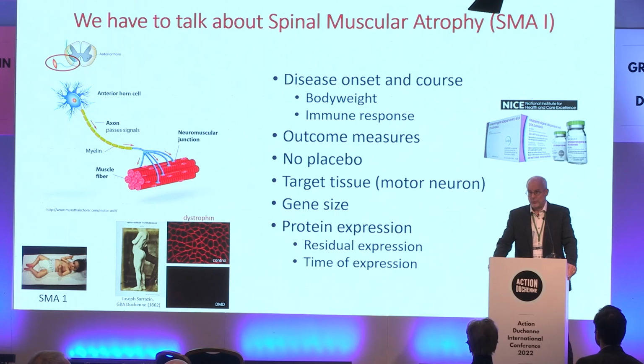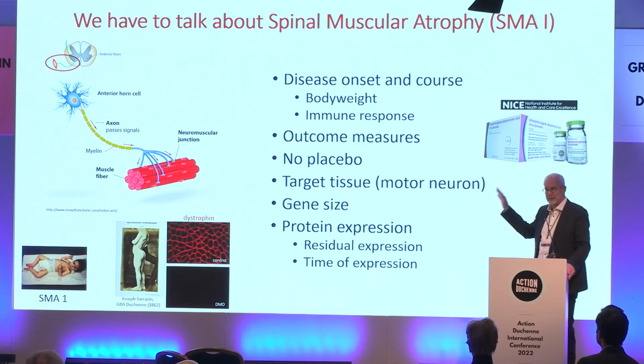And of course, for a company, it also makes a huge difference in terms of viral load per kilogram body weight if you inject an infant or someone who's 50 kilos or 20 kilos. So there is also an economic aspect here in terms of production.